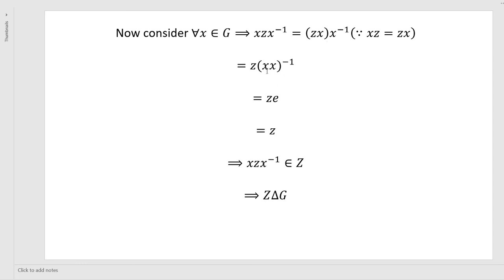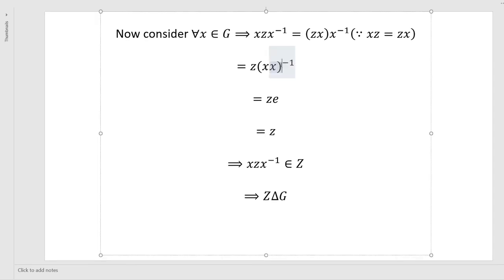I group the term z of zx into x inverse, which means x into x inverse. X into x inverse means E. Z into E means Z. That is, xzx inverse is an element of Z.